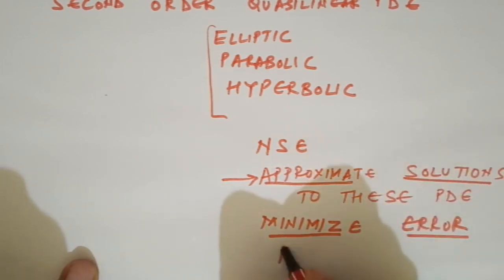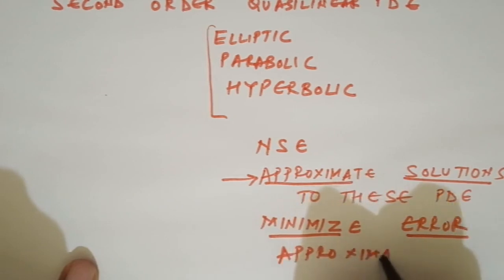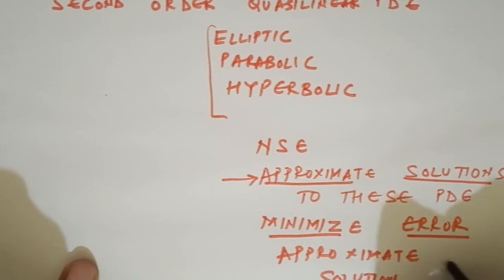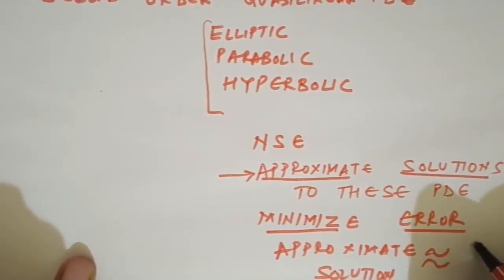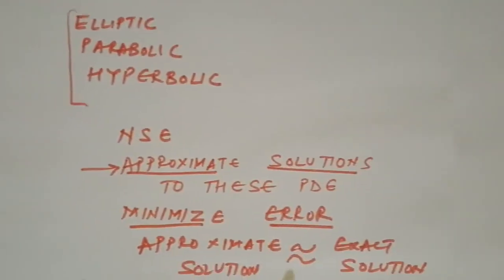That is, the approximate solution should be as close to the exact solution as possible, although it will never be equal to the exact solution because we are not able to find the exact solution.